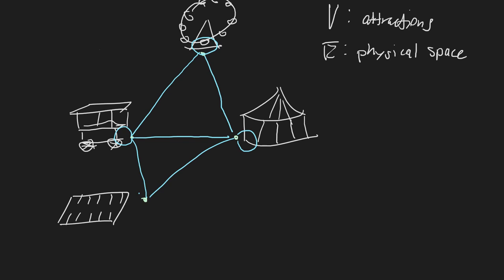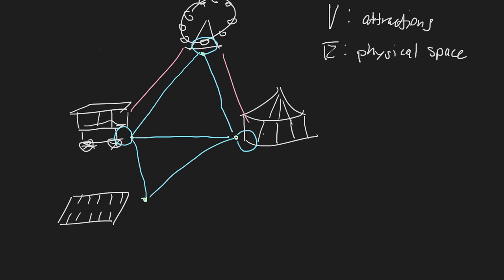And the other thing that we want to add now to our model is some metric of transition probability. That is, say I'm at the Ferris wheel, how likely am I to stay at the Ferris wheel, to take this self loop, versus how likely am I to move to the food stands here, or the circus.